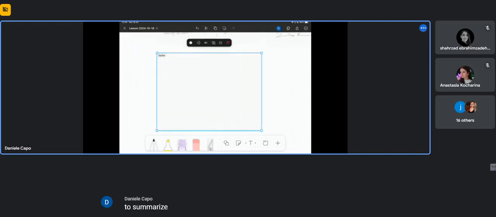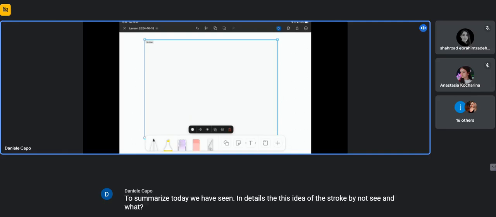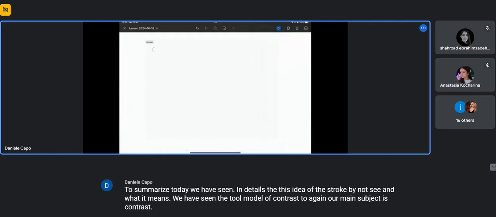To summarize, today we have seen in detail this idea of the stroke by Nordzey and what it means. We have seen the two models of contrast. So again, our main subject is contrast. We have two models.